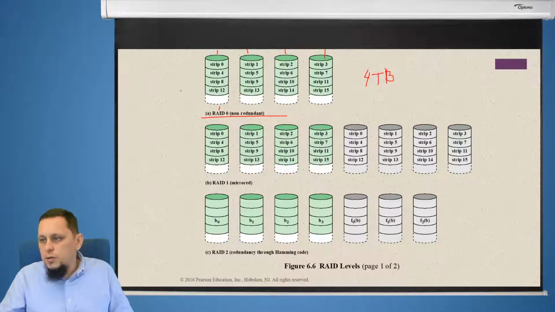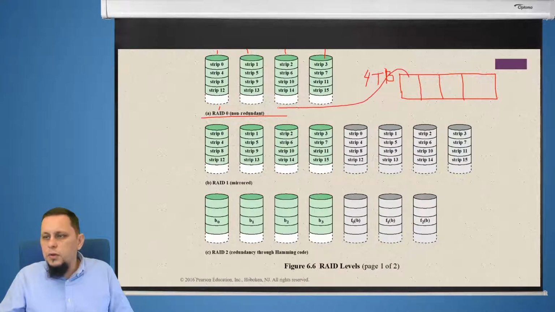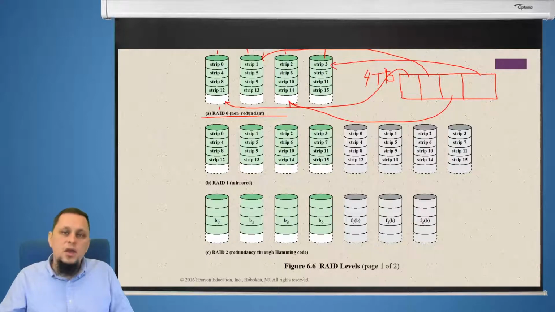Again, you have a movie, which is one file, and this file is divided into 4 strips. The first strip goes to the first hard disk, the second strip to the second hard disk, the third strip to the third hard disk, and the fourth strip to the fourth hard disk. Why?